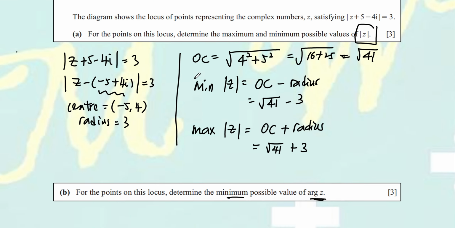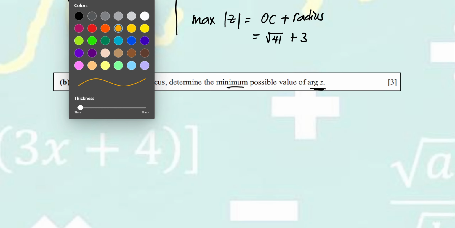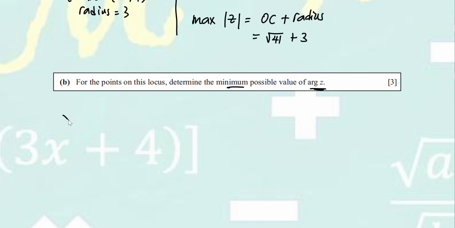So if I redraw the diagram, it looks like this. Here is the 90 degrees, and then this is your C. And now we need to calculate this angle.